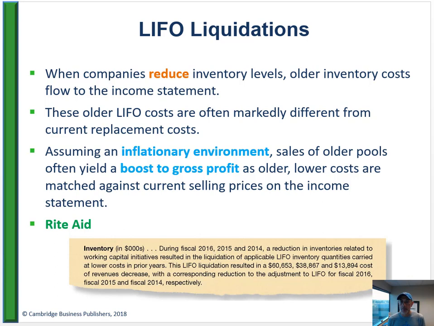So as we do that, we are moving less expensive inventory from the balance sheet to the income statement, and less expensive inventory leads to lower costs, and lower costs lead to higher margins. So in any given period, management may choose to eat into those more dated, cheaper batches of inventory, and as they do so, you can see margins begin to rise.